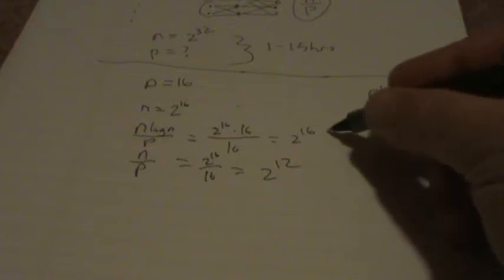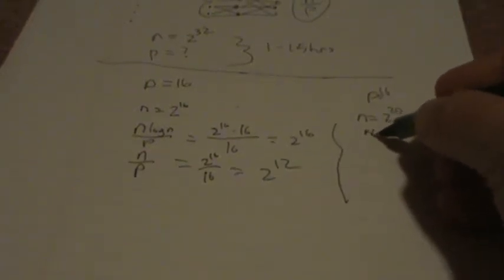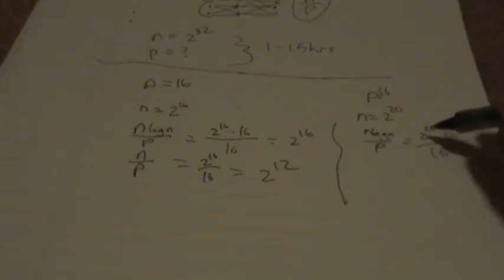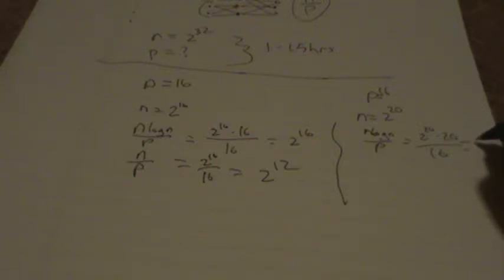So in this case, n log n over p would just be equal to 2 to the 20th times 20 over 16. And so that is going to give me 2 to the 17 times 10, something like that. Well, we could do it this way, 2 to the 18 times 5.